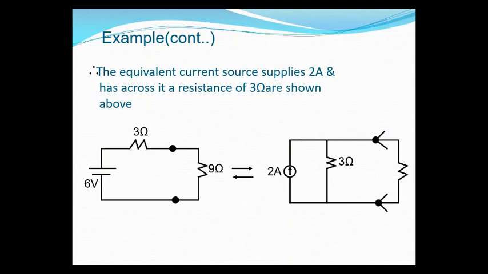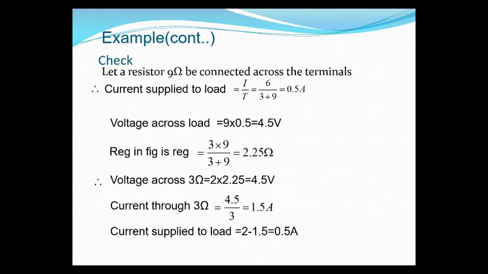See here, a 6 volts voltage source is in series with 3 ohms resistance, and 9 ohms is the terminal resistance. Now 9 ohms is connected to the terminals, and the current supplied to this 9 ohm resistor is I is equal to total voltage, so what is the voltage? Yes, 6 divided by 3 plus 9 ohms.